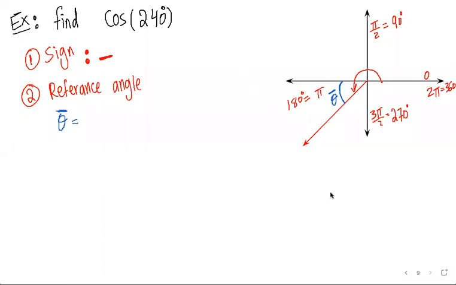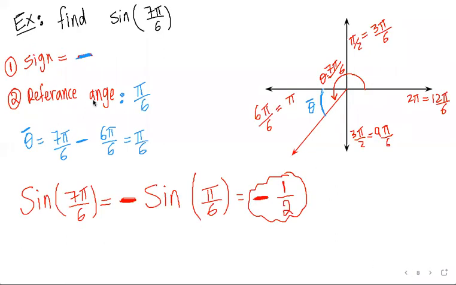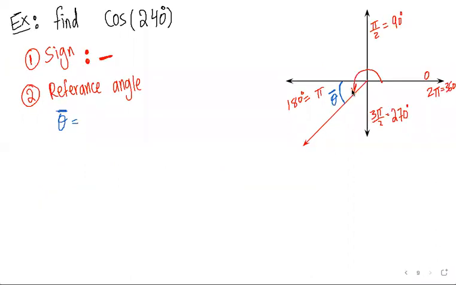The same idea like here. For the reference, we subtract the value here, 7 pi over 6, minus 6 pi over 6, minus this. We find this one, the reference. Now, what's the value for this red angle?